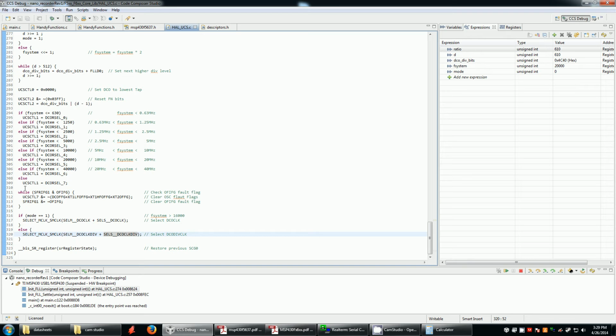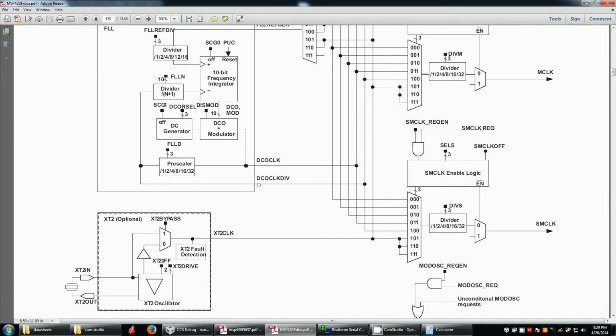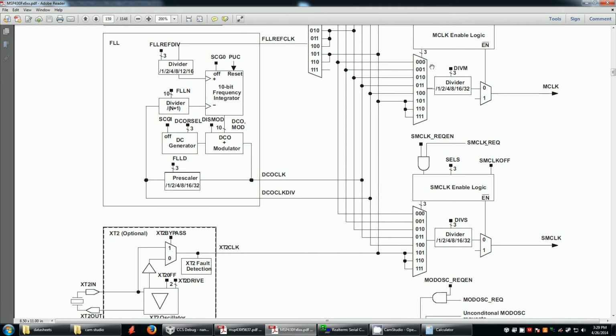That's what this does. And if it's less than 16 megahertz, this clock div is this clock division signal. So we set our sub-main down here and our main clock here. We set that to the DCO clock signal after the prescaler, which is this line. So 3, 3.